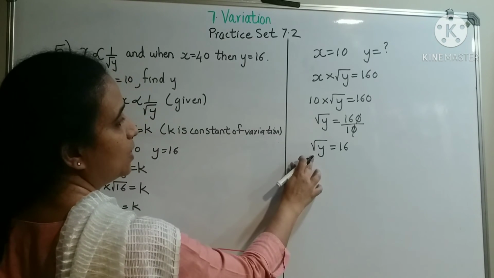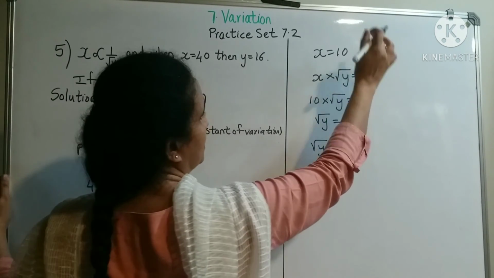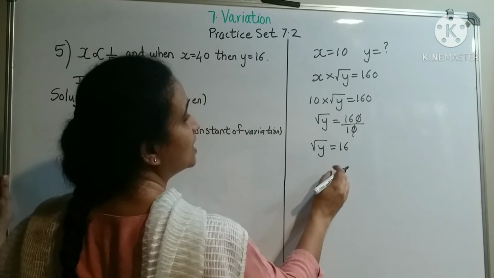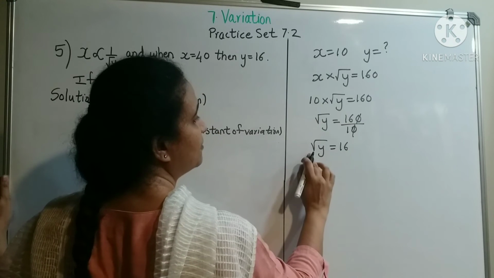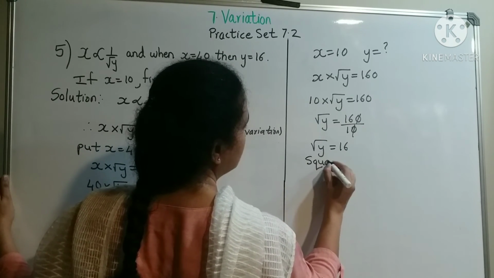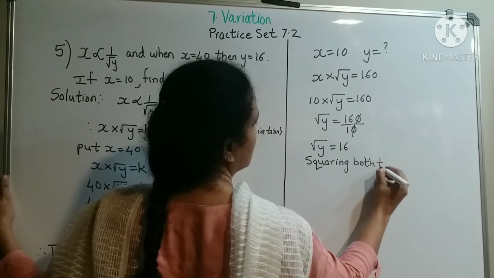Here we have the value of square root of y. We are going to find out the value of y. So we are going to square both the sides, the right hand side also and the left hand side also. So we'll write over here, squaring both the sides.